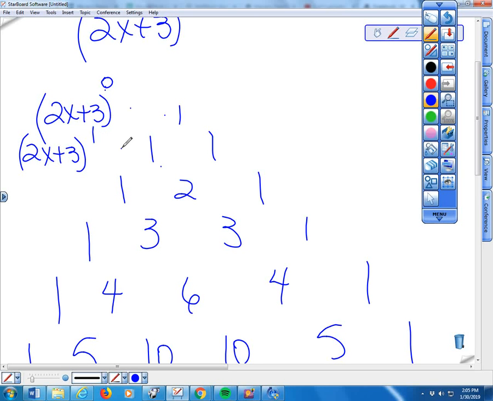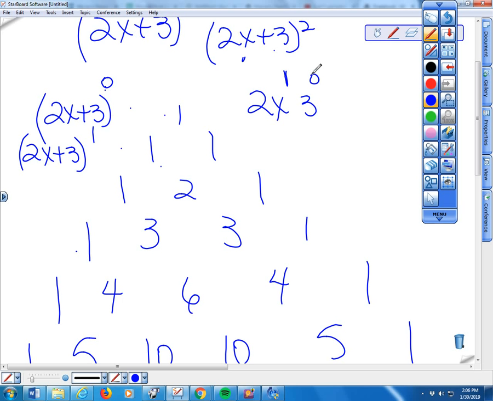This is going to help me figure out 2x plus 3 squared. The way the pattern works, this is my first term and this is my second: 2x is first, 3 is second. So my first term is 2x to the first power, 3 to the 0 power. Is that what I want? I've got to do this right.